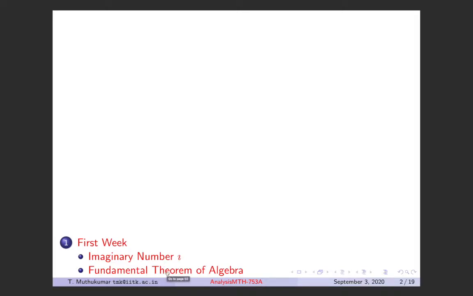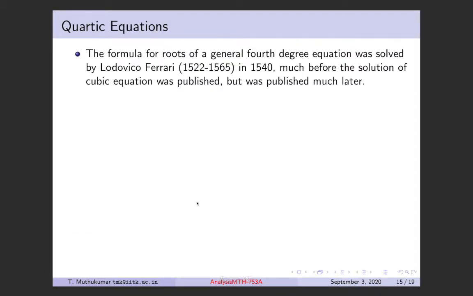So we stopped with the cubic equations. So let's start with the fourth degree polynomial, which is the quartic equations. The formula for roots of the fourth degree equation was solved by Ferrari much earlier, and in fact this was even published before the result of the cubic equation was published.